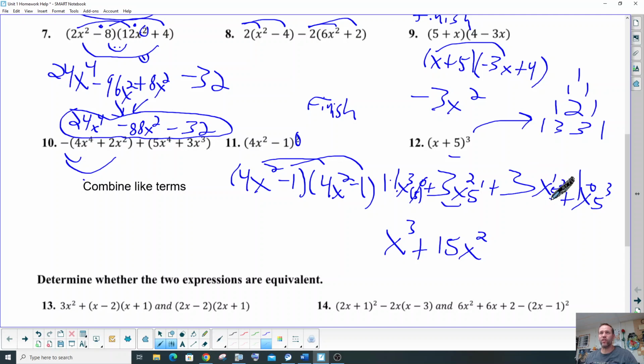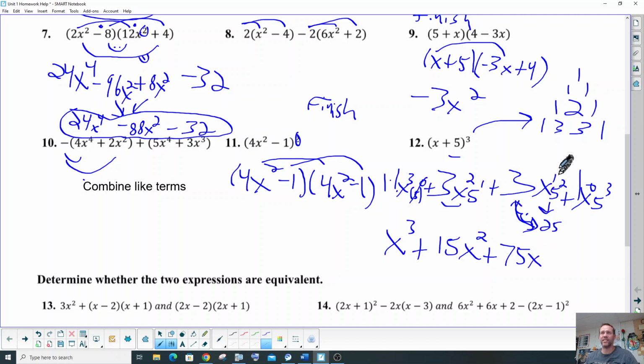Then we're going to go ahead and do 5 squared. And 5 squared is 25. So 3 times 25 is 75. Got to multiply those two together, and once you multiply those together, you get 75.